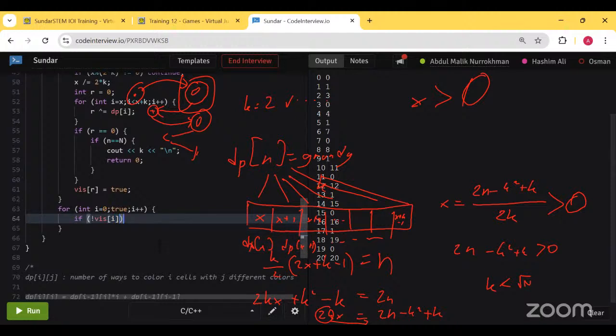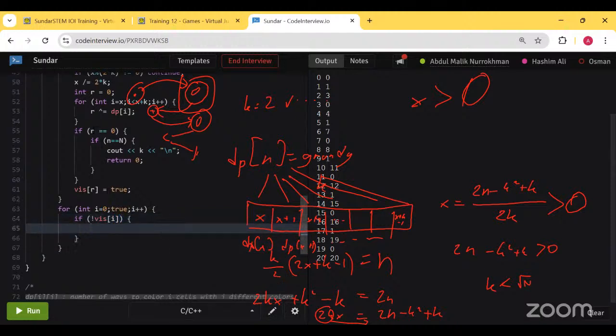So there is no r equal to that. If there is no r equal to that, then dp[n] equals that mex.